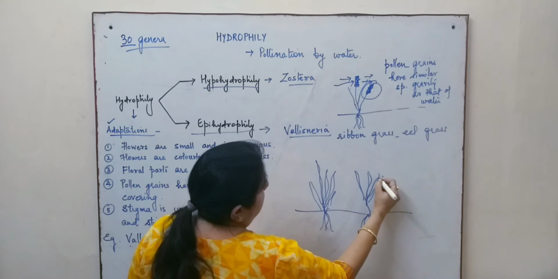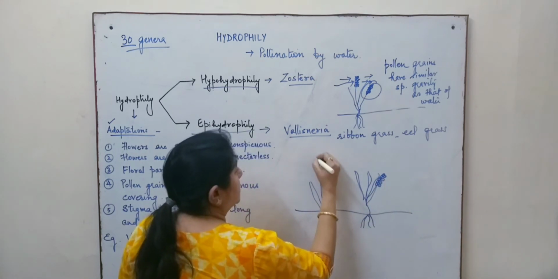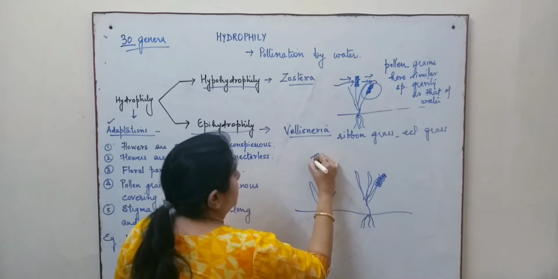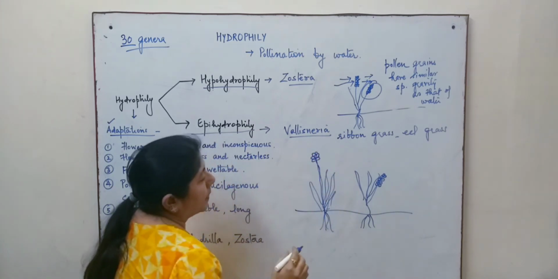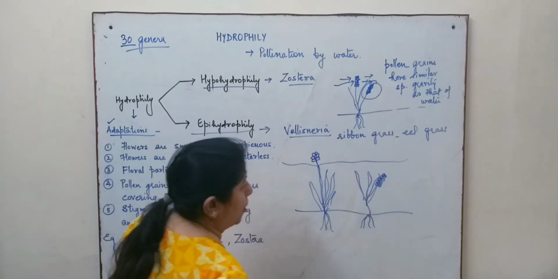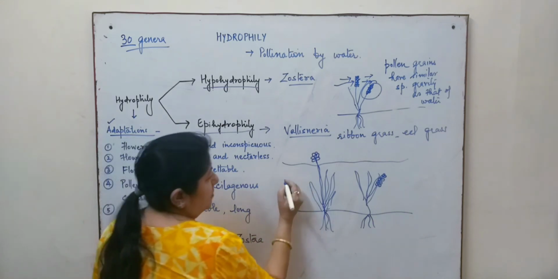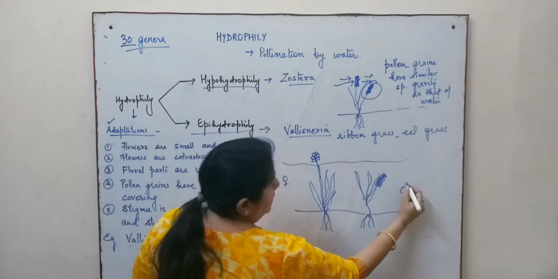The male flower is over here and this is the female flower. Now, what happens? This female flower is on the top.